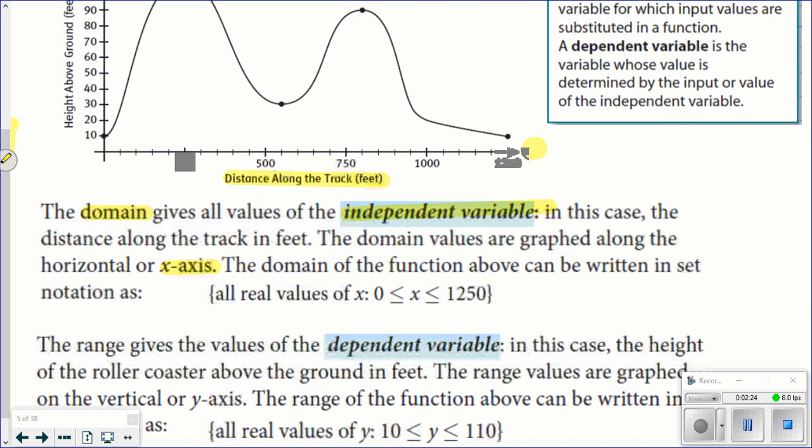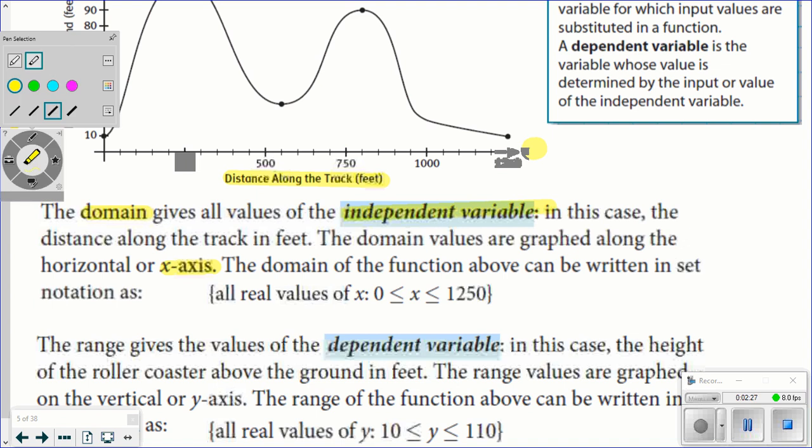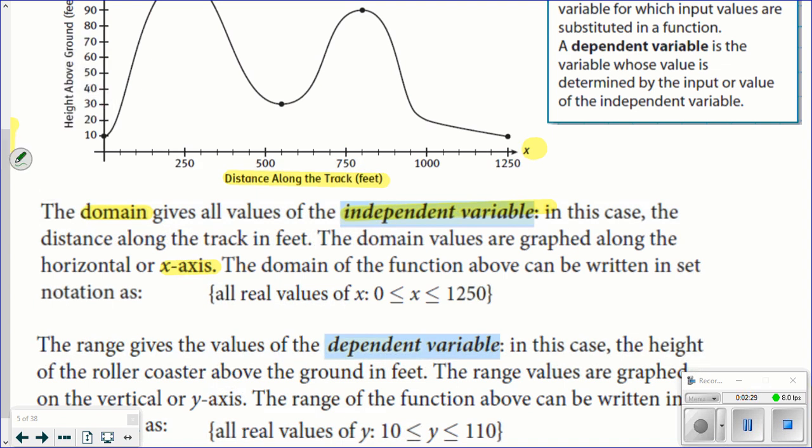Remember, set notation means we're using our fancy brackets. Okay, so if I'm looking along my x-axis, horizontally from left to right, I start here at 0, and I go all the way, and I end at 1250. Okay, so we're going to ignore this part when we're writing domain and range. I'm going to cut that out.